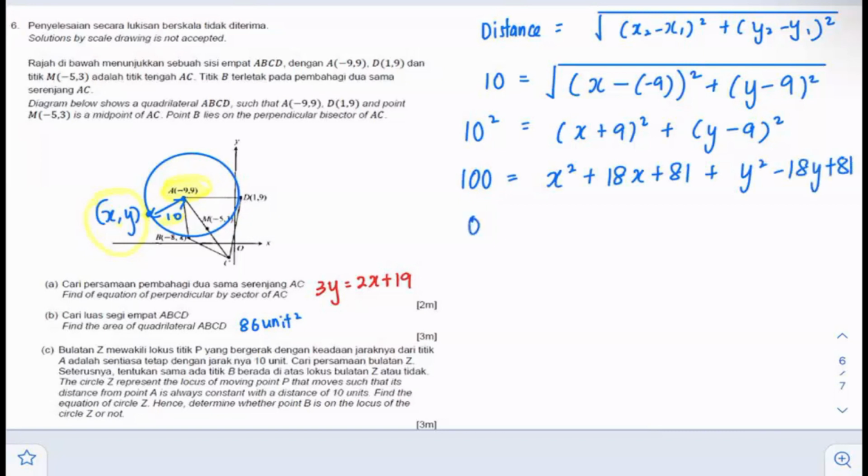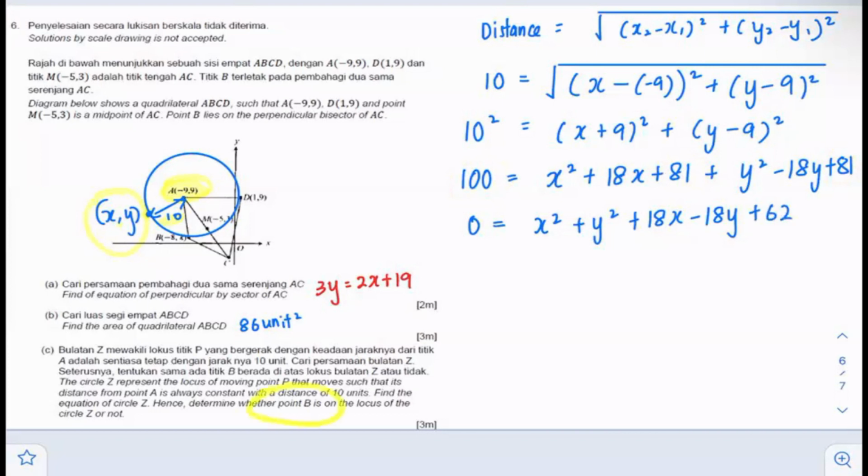Then we move the 100 to the right hand side. x square plus y square plus 18x minus 18y, and the numbers add up together. We have positive 62 here. So this will be the equation for the circle.